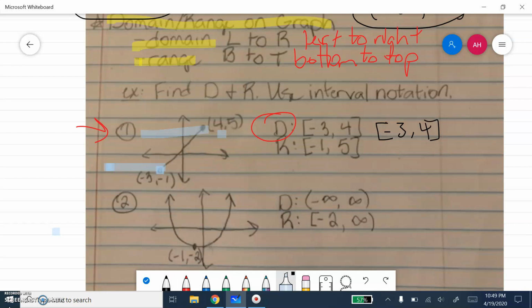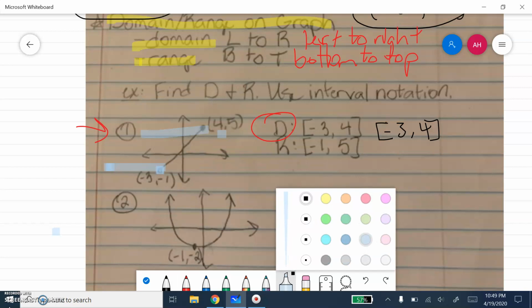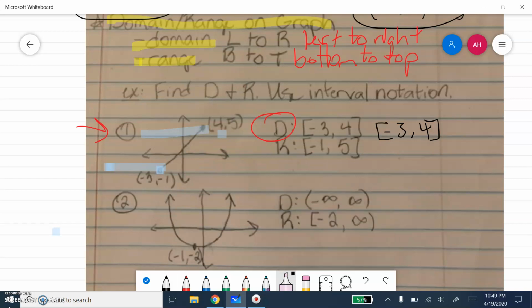Okay. Then we're going to do the same thing with the range. So the range is your y's, and you go bottom to top. So we're going to come in from the bottom, and if I start on the bottom of the graph, the first point I hit is this one, and the y value there is -1, and so that's a point, so I'm going to start with -1, comma, and then we're going to go to the top and see where is the highest point, where does it stop at the top.